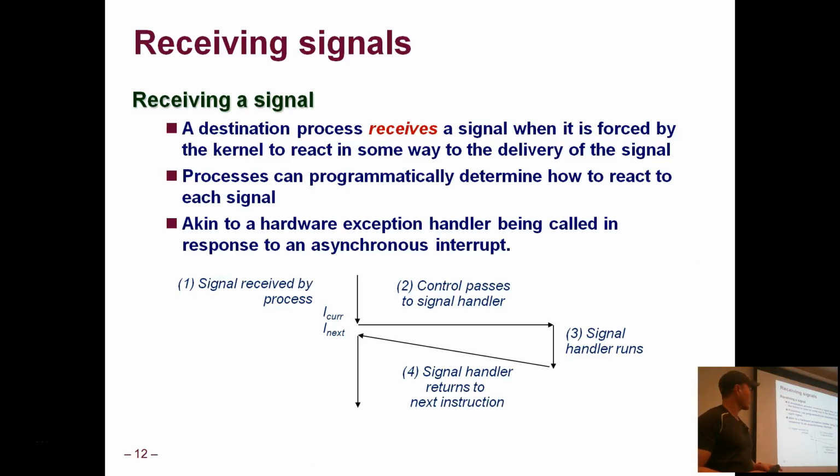Okay, so this is what happens when you receive a signal. If you're the receiver and you're running along here, conceptually, if you get the signal, all of a sudden you save your current state. You switch over to a registered signal handler.